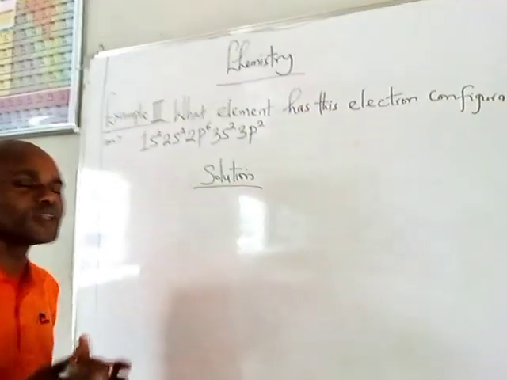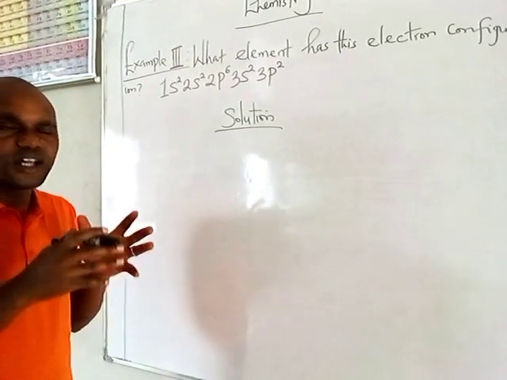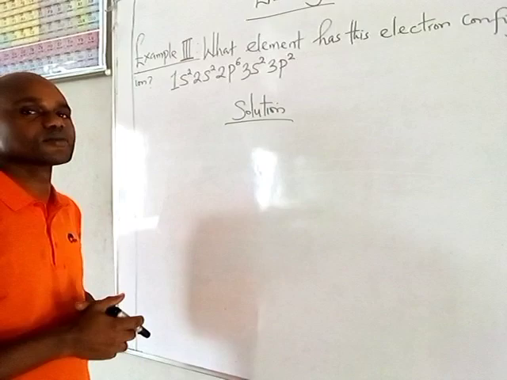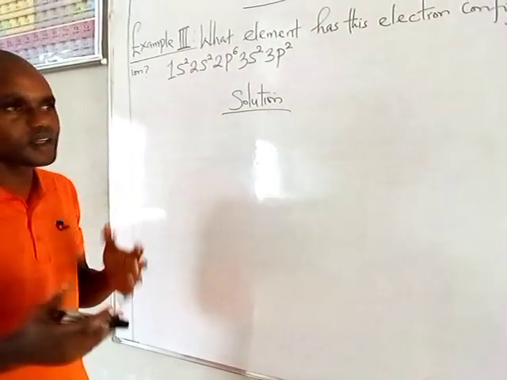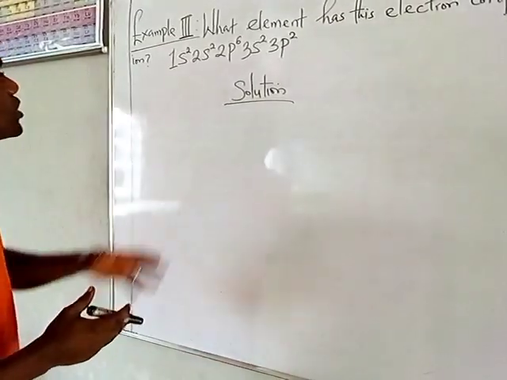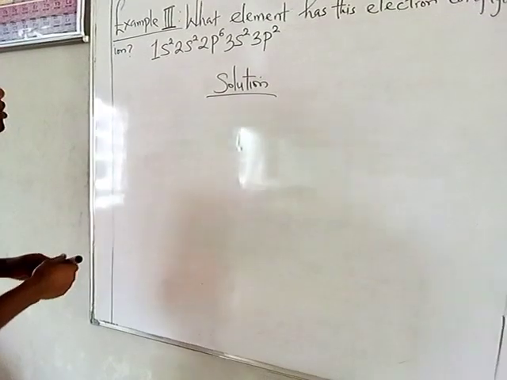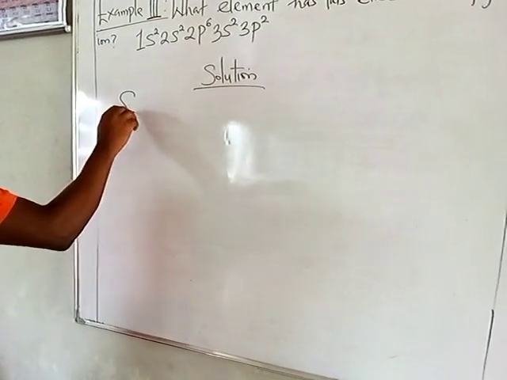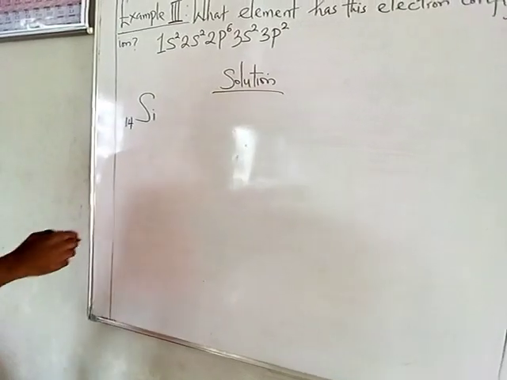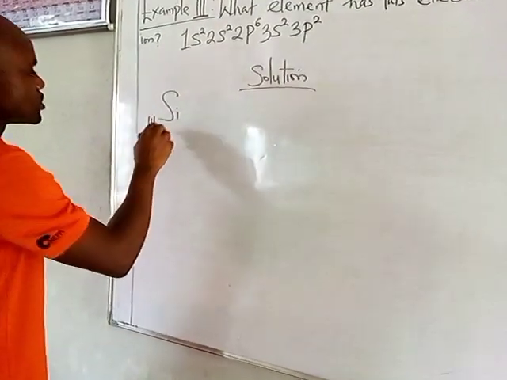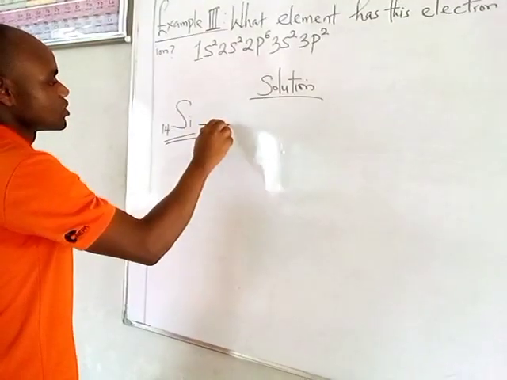In that case, you ask yourself, what element has the atomic number 14? Simply put, the element that has this electronic configuration is silicon. Silicon has atomic number 14. So this is our answer, silicon.